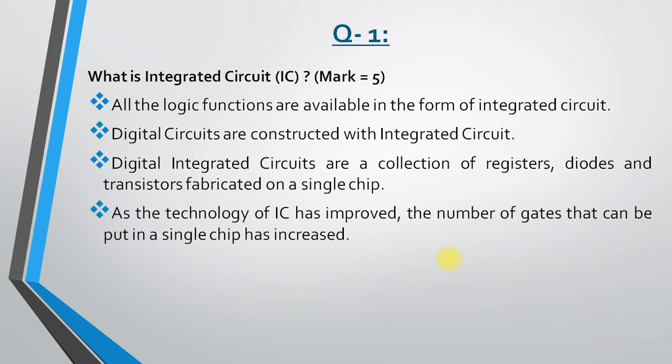Now any digital circuit which is constructed using integrated circuits is known as a digital integrated circuit, and this digital integrated circuit is a collection of different types of registers, diodes and transistors. But these are all grouped together and combined into a single chip.